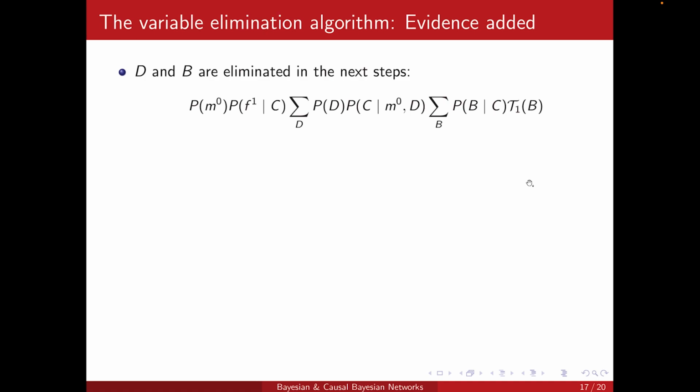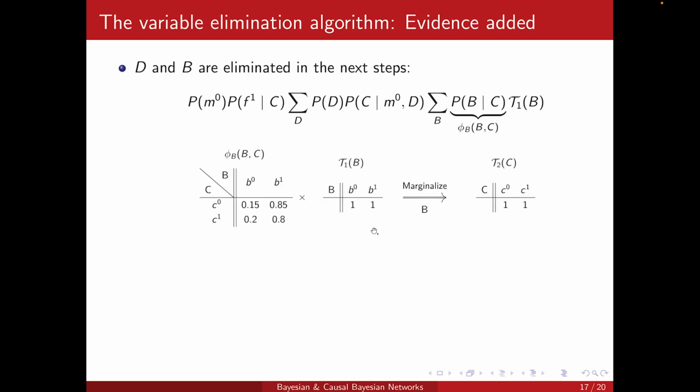So that will end up with tau 1 of B, okay, and this can now be just multiplied in this P of B conditioned on C. I already know this is 1, so if I do that, I will end up with, again, the value of 1, because this is P of B conditioned on C. C is assumed constant in this summation, so I will end up with 1. And this will be just tau 2 of C, because B is marginalized.